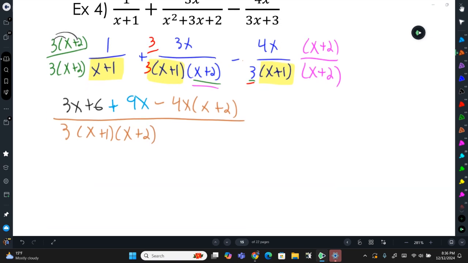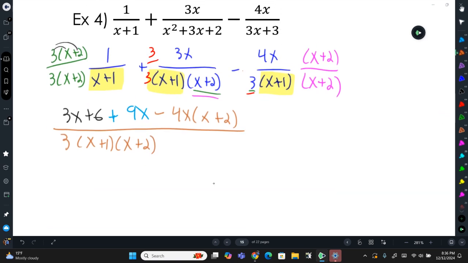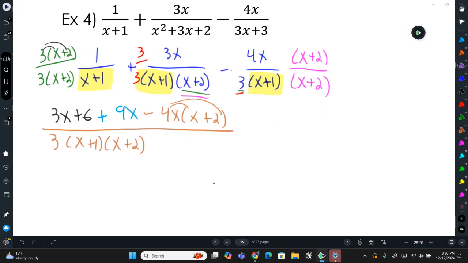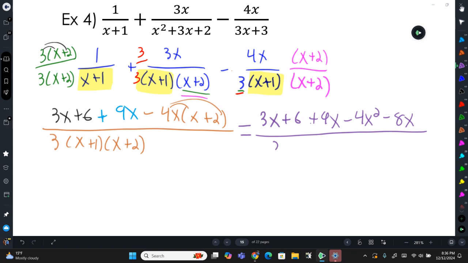So now I'm going to distribute this negative 4x. So we have 3x plus 6, not 6x, plus 6, plus 9x minus 4x squared minus 8x, all over that common denominator.